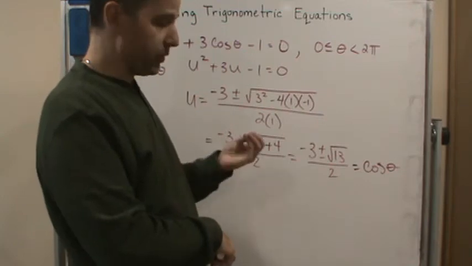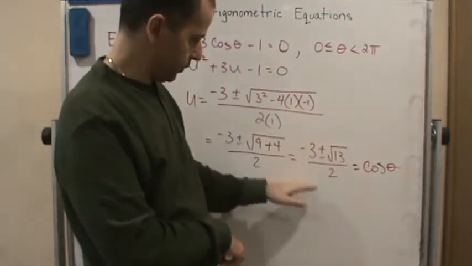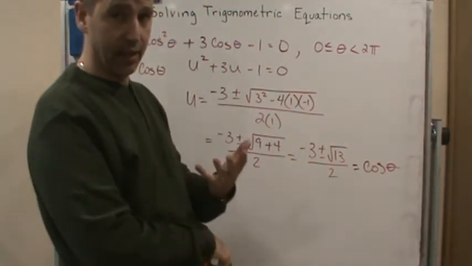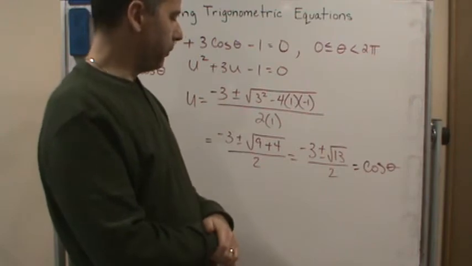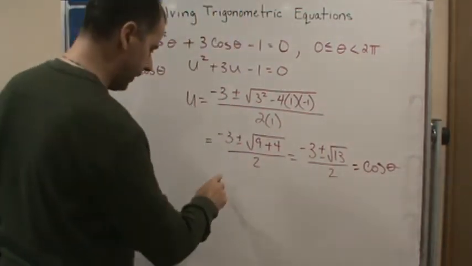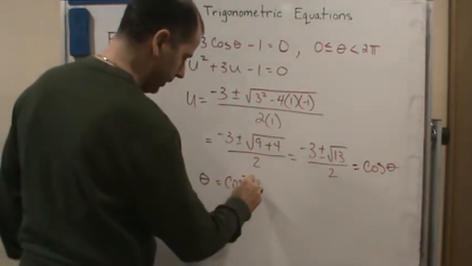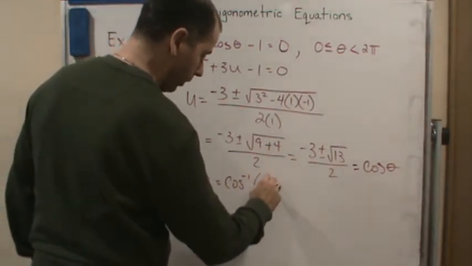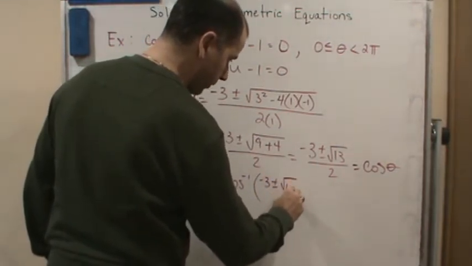Because we're going to end up using the calculator on this, and the obvious reason is that we don't get something nice and easy that gives us a nice right triangle to use. So we're going to have to take the inverse cosine of both sides. So we're going to have theta is equal to cosine inverse of -3 plus or minus the square root of 13 over 2.